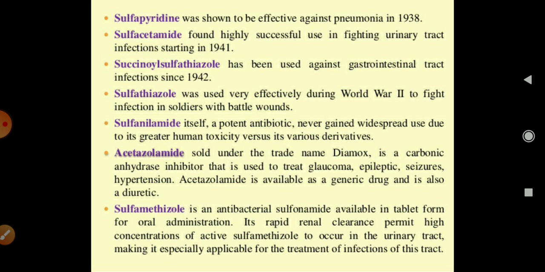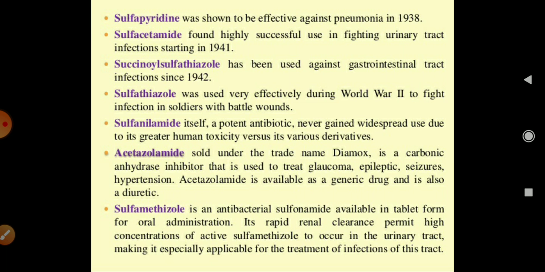Now acetazolamide, sold under the trade name Diamox, is a carbonic anhydrase inhibitor that is used to treat glaucoma, epilepsy, and many more diseases.